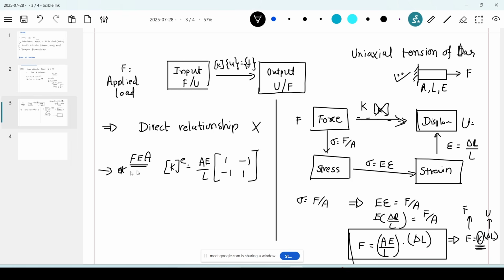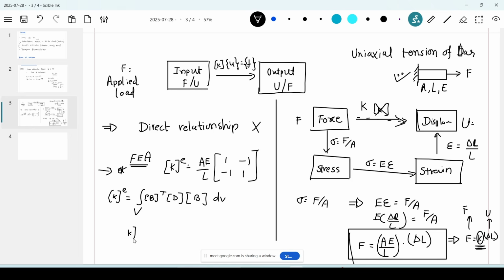If you understand this, FEA is very easy. In FEA, K is equal to this, and we know K for an element, the element stiffness matrix, is the integration over volume of B transpose D B dV, right? This is in general.